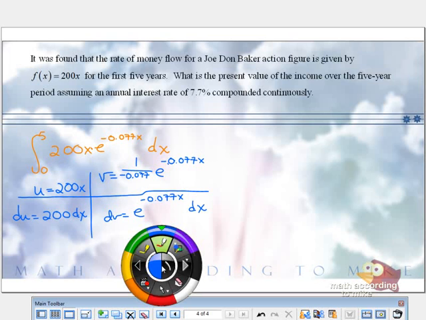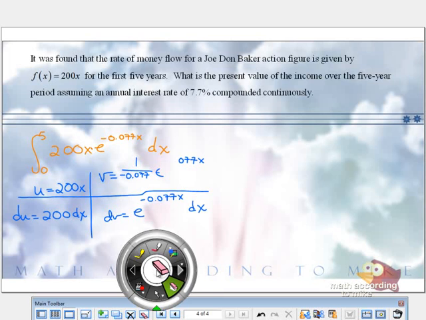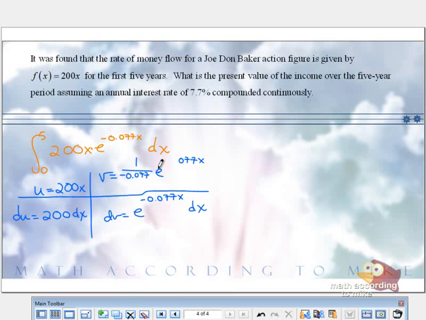I got an extra decimal in there. I'm sorry about that. So remember, the integration by parts, if you have something of the form u dv, it is uv minus the integral of v du.